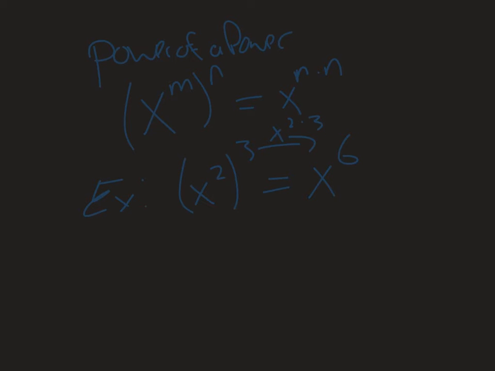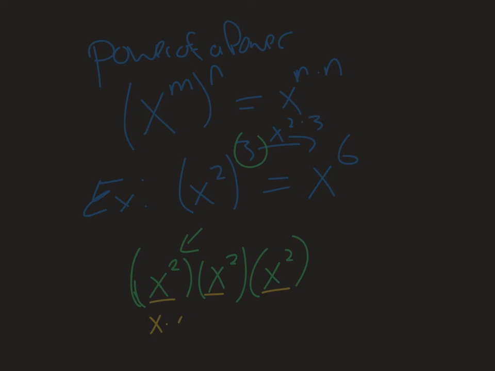Now, what we can think about this as, if we break it down, just working it to prove it to you. If I think about x squared, I'm going to cube that. That's what this is. So it'd be x squared times itself 3 times, which each of these in here has x times x.